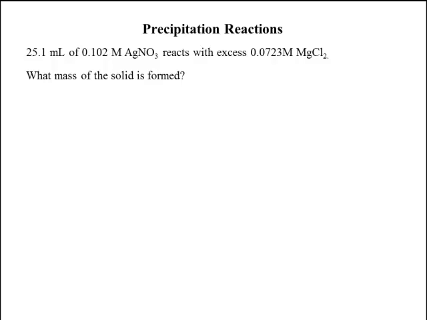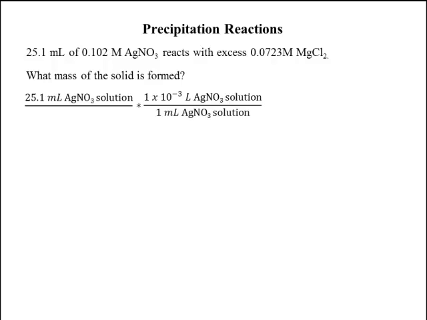So how do I get moles out of a volume and molarity? Well, I start with my volume, convert the milliliters to liters, use that molarity to convert between liters and moles, and I end up with 2.56 times 10 to the negative 3 moles of silver nitrate. Now I'm trying to figure out what mass of the solid was formed.